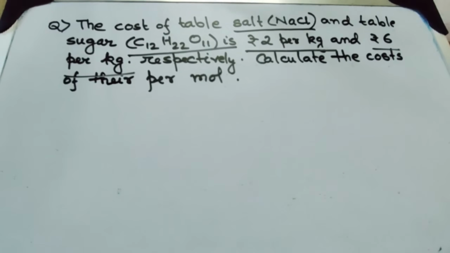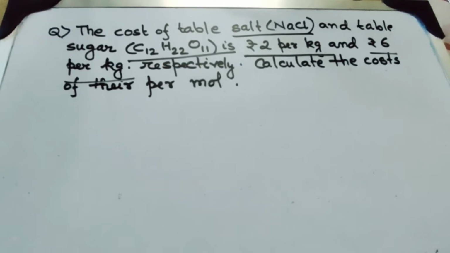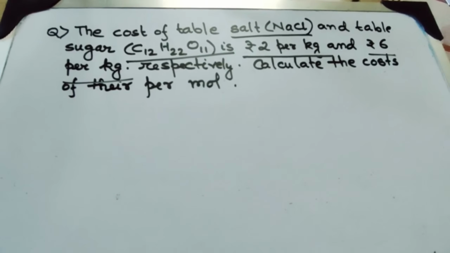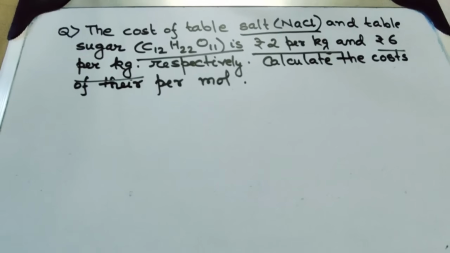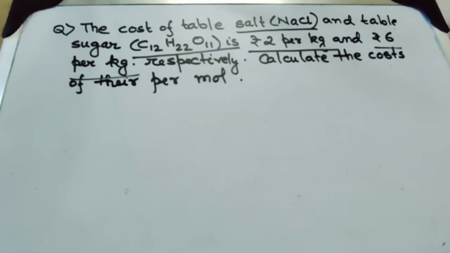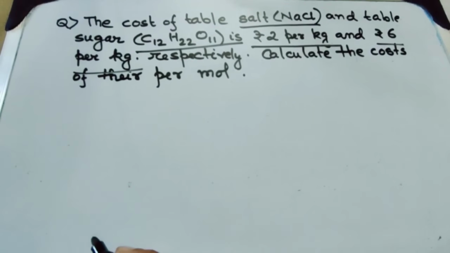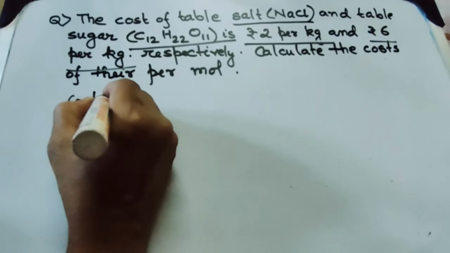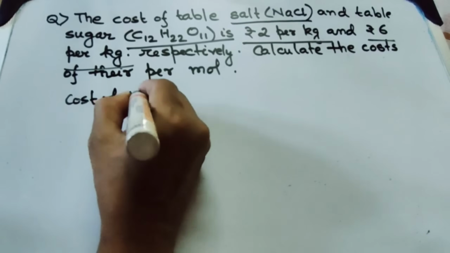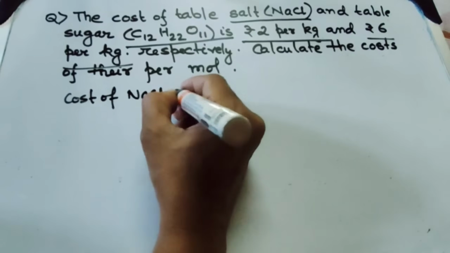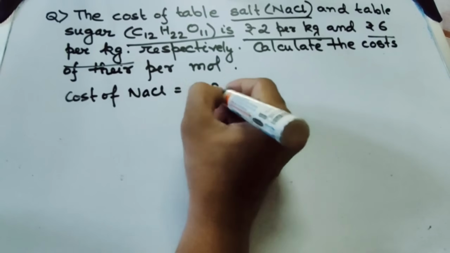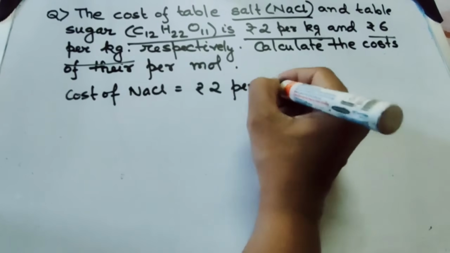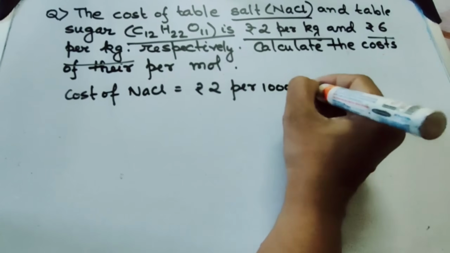So what is the cost of per mole of NaCl and per mole of table sugar, that is C12H22O11? As per the data we can see that the cost of NaCl is rupees 2 per 1000 gram.